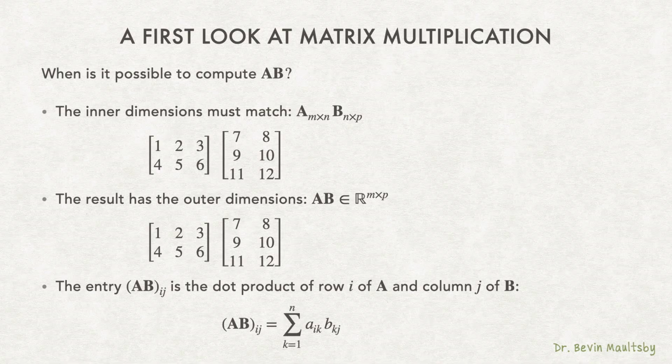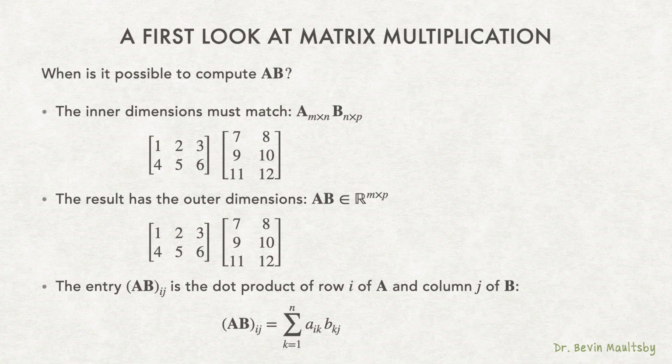Okay, so let's first talk about when it is possible to even compute a matrix product A times B. A and B can be rectangular arrays, and what must be the case in order to multiply them together is that their inner dimensions must match. So in this notation, A sub m times n and B sub n times p, the inner dimension is the n for both of these matrices.